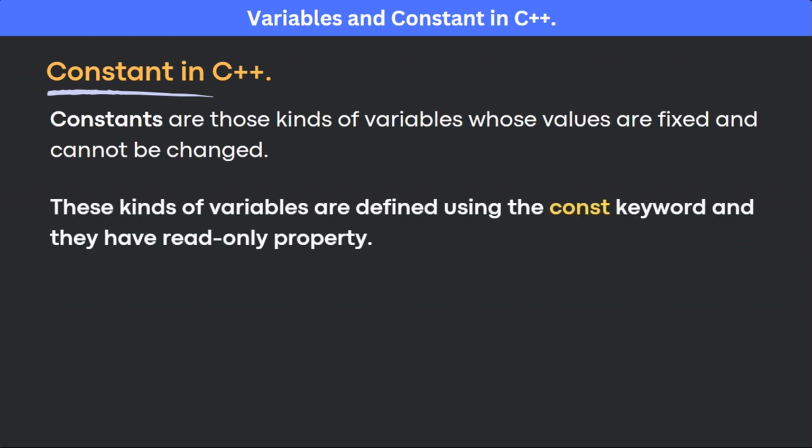These kind of variables are defined using the const keyword and they have read-only properties. So you cannot update these values while running the code. You can use the value stored in a constant, but you cannot update it.